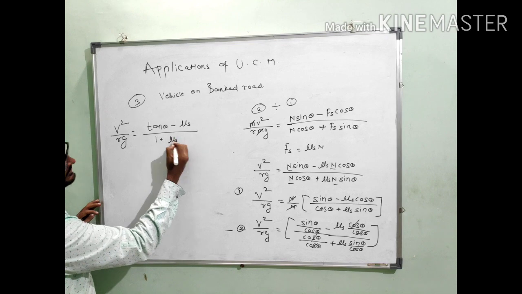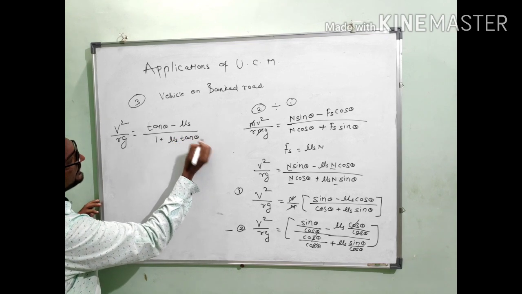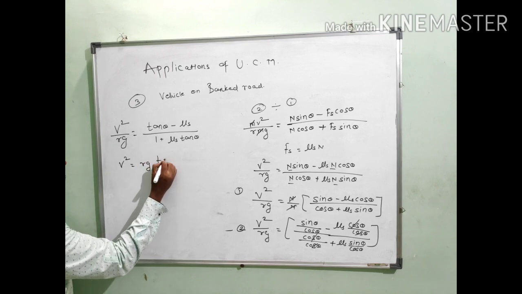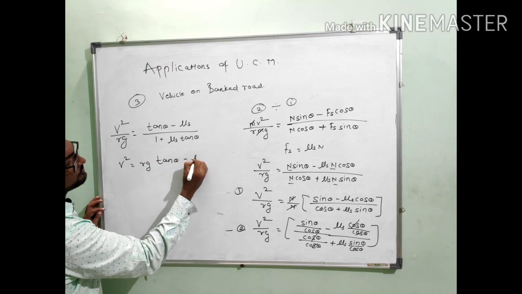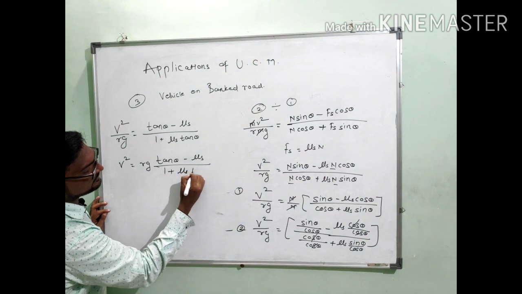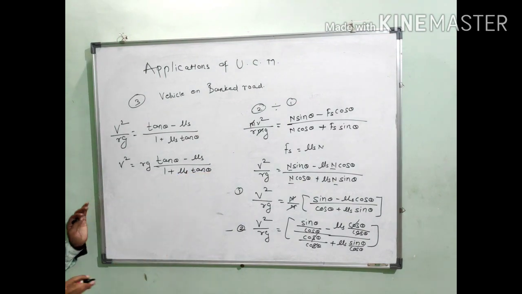So we get tan theta minus mu s, upon 1 plus mu s tan theta. So v square is equal to Rg (tan theta minus mu s) upon (1 plus mu s tan theta).